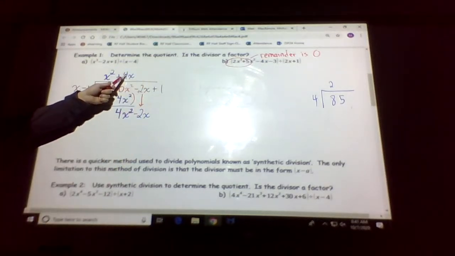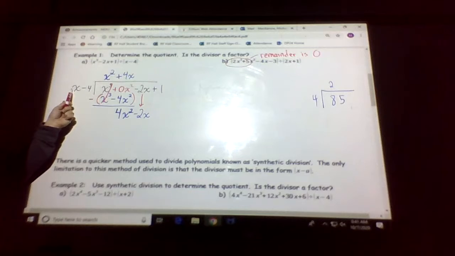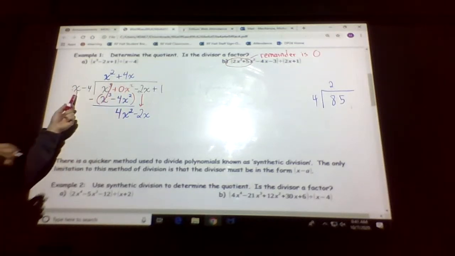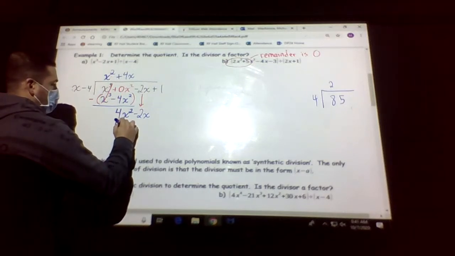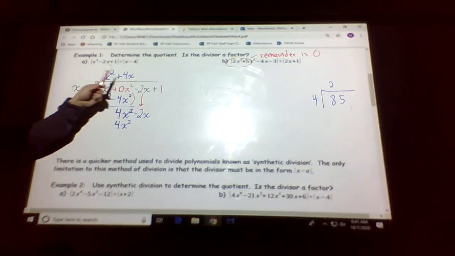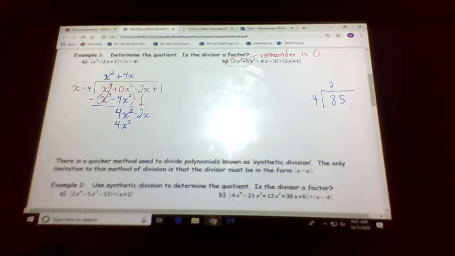So 4x times x is 4x squared. We want to make it exactly the same. And then again, you multiply that to the second term. So 4x times negative 4. Maya?